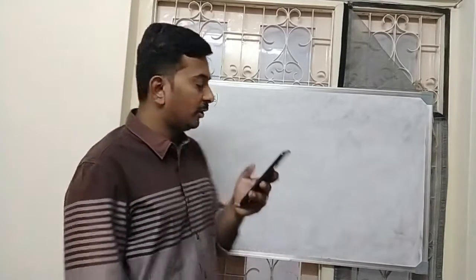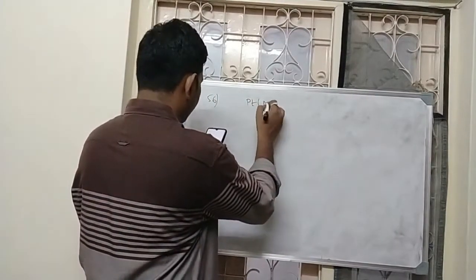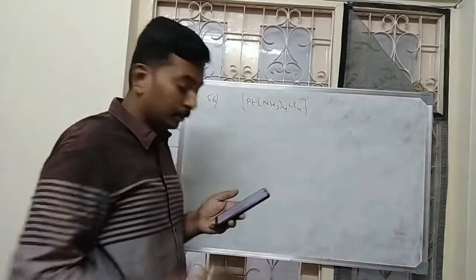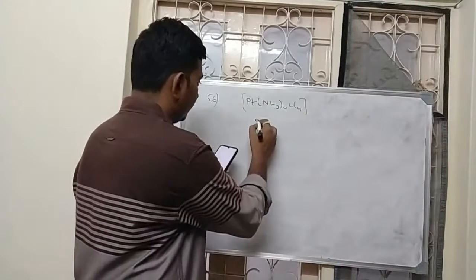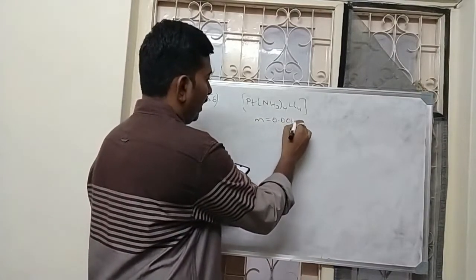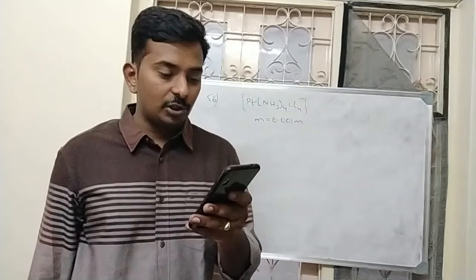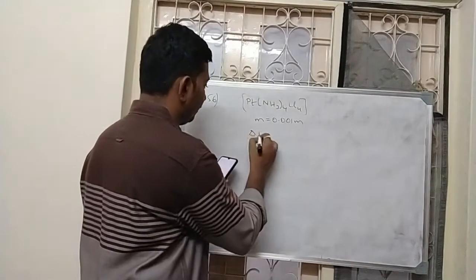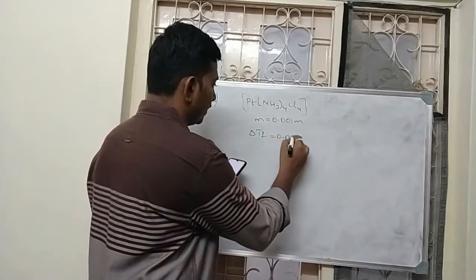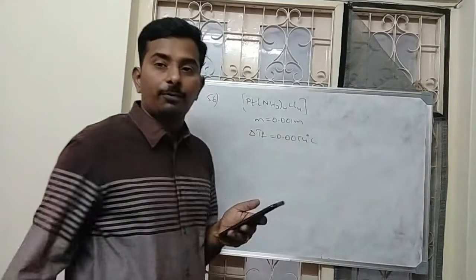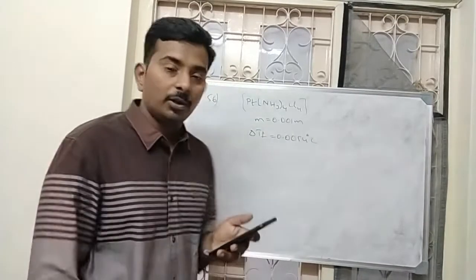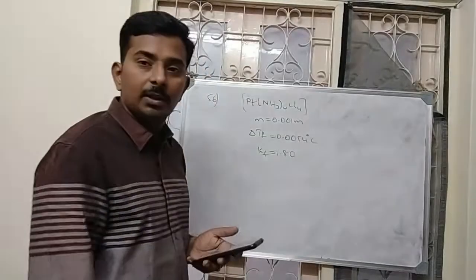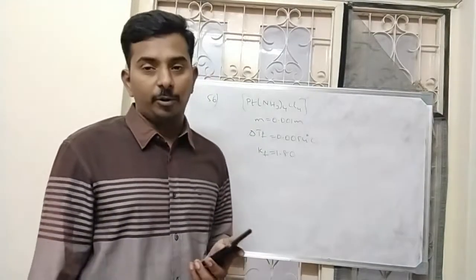So they have given a molecule, the formula of the molecule is [Pt(NH3)4]Cl4. The molarity is given as 0.001 molar. The depression in freezing point of the solution, delta Tf, is 0.0054 degrees centigrade. Kf for water is given as 1.80.